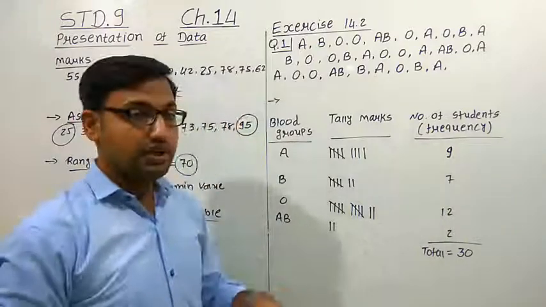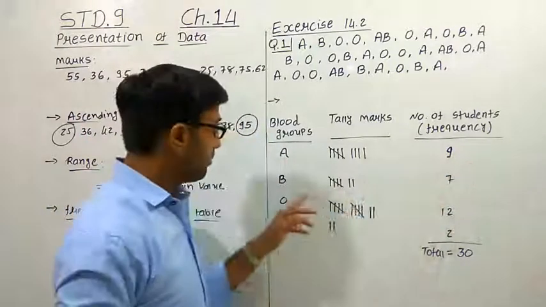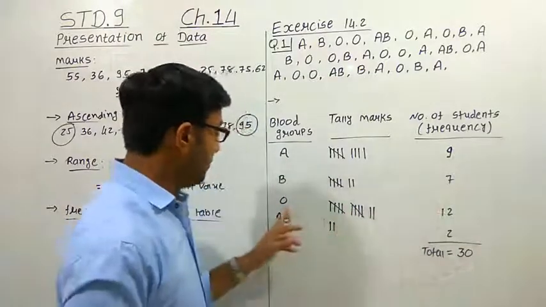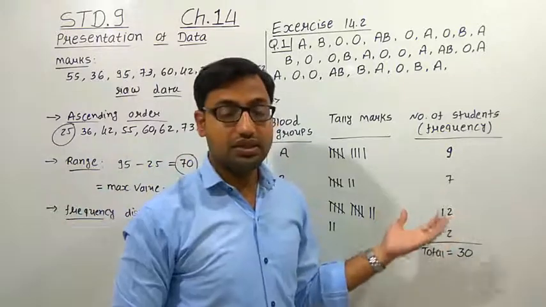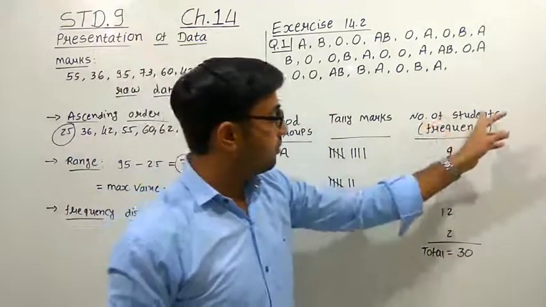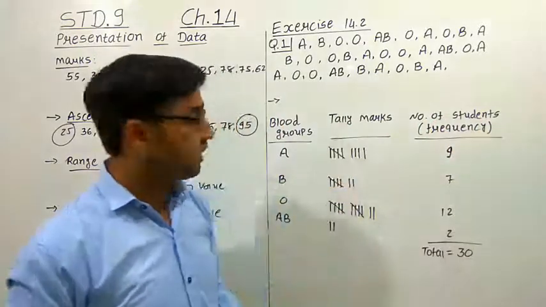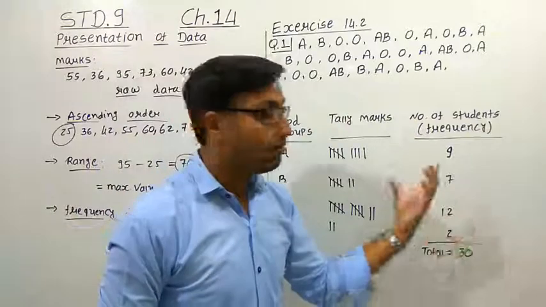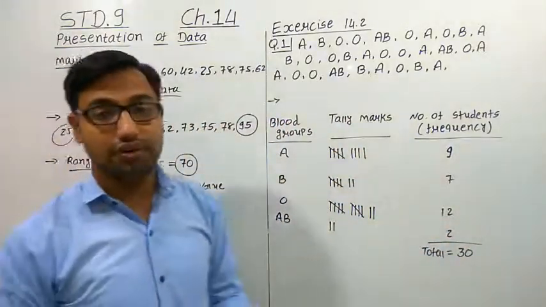Frequency means repeat time. Blood group A repeats 9 times, blood group B repeats 7 times, O repeats 12 times, and AB repeats 2 times. This is the simple meaning of frequency. We can either call it the number of students or the frequency. Both words we can use here. So you have to make the 3 columns whenever you represent the frequency distribution table.